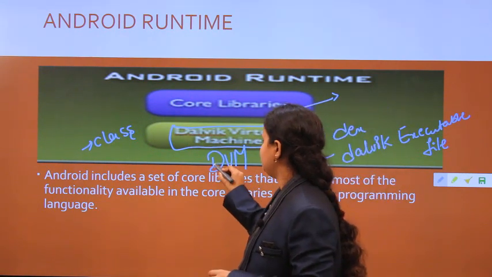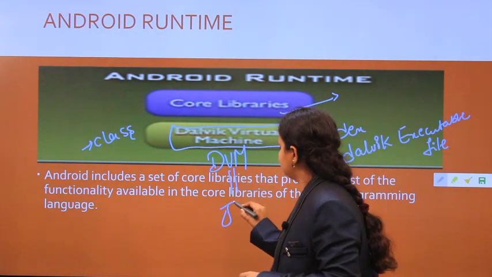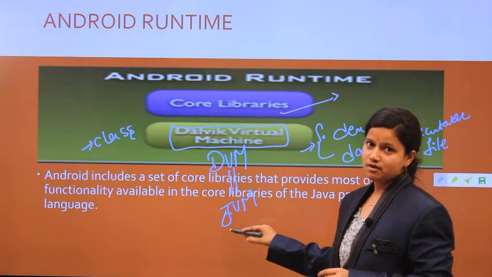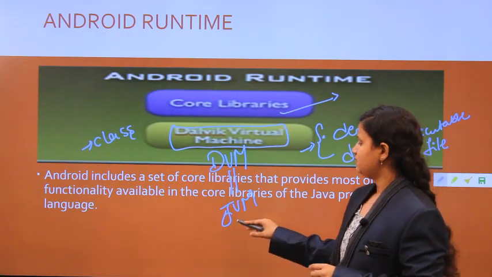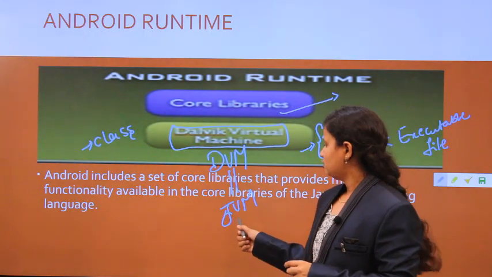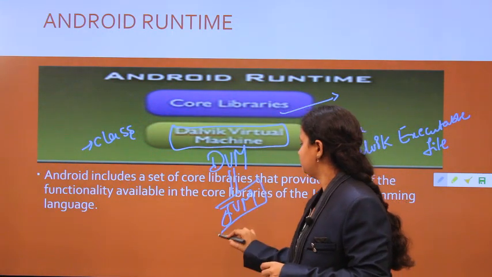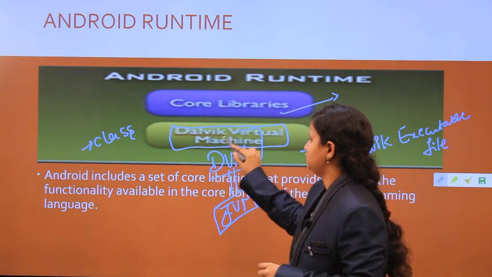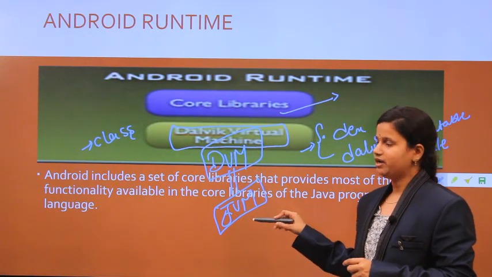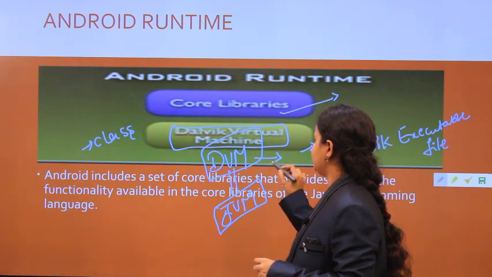The DVM is similar to the JVM. Already you all know about the JVM, the Java virtual machine, which converts your .class file into bytecode. For the same purpose we are using the DVM. But the difference is that it reduces the file size after compilation.